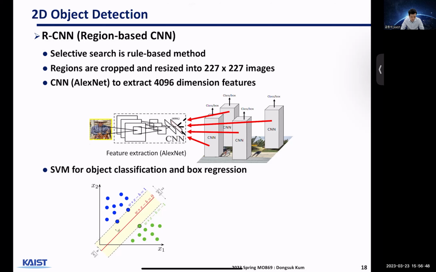The regions are cropped and resized into 227 by 227 images so that they can be used as input for AlexNet. AlexNet then provides 4096-dimensional features, and you use a support vector machine for object classification and box regression.